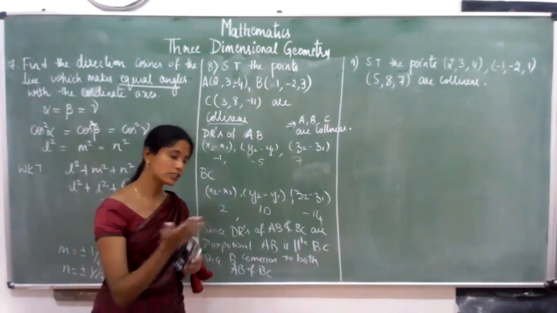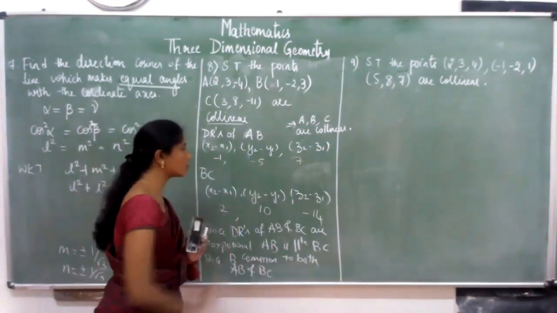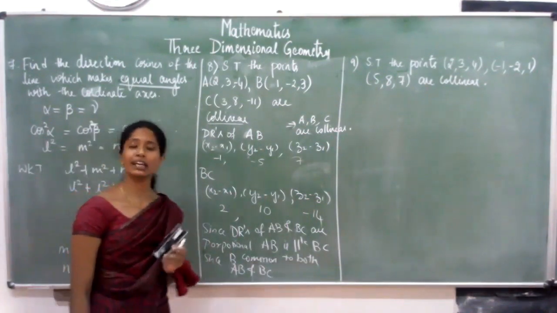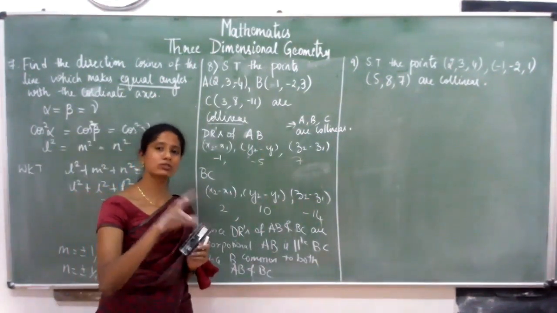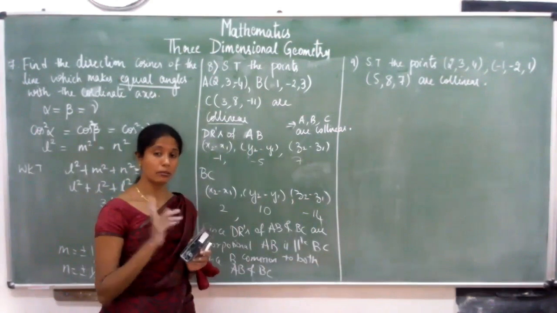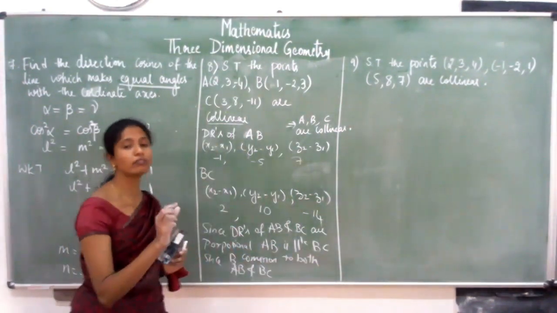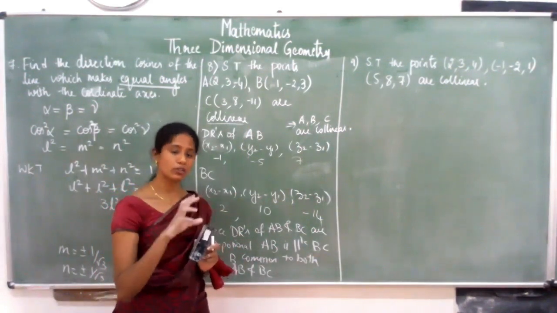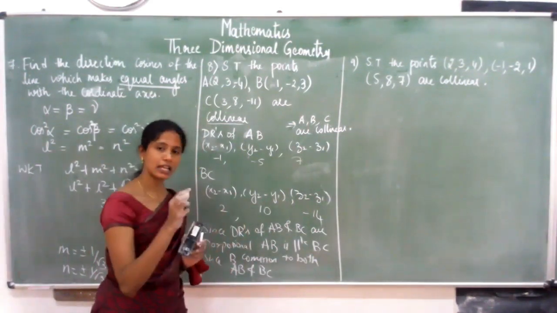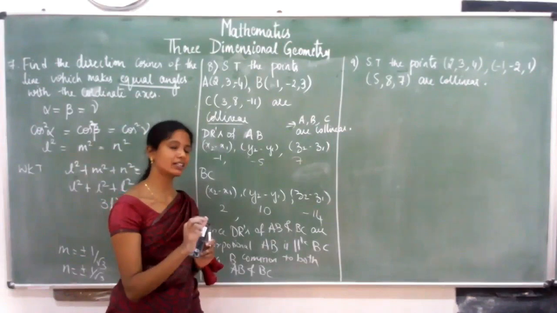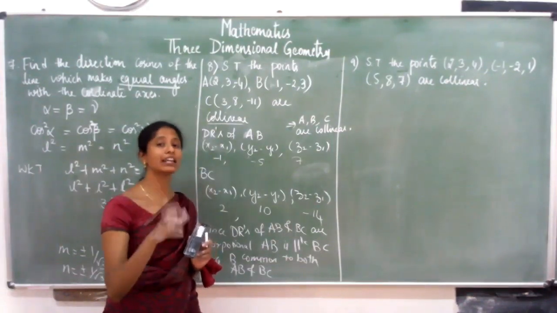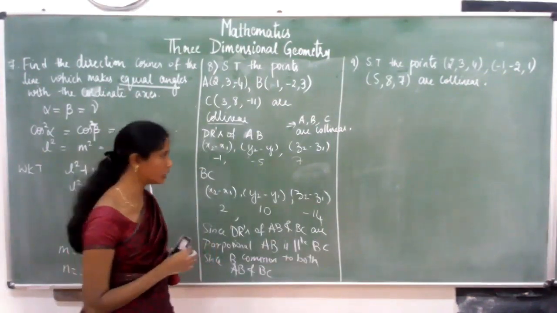Then I told that these two are proportional. You can see they are proportional. Once they are proportional, we can say that these two lines are parallel. But here what we have observed is AB is parallel to BC and you have a common point, which is B. So if AB and BC have got a common point, it is understood that these 3 points are lying on the same line only.